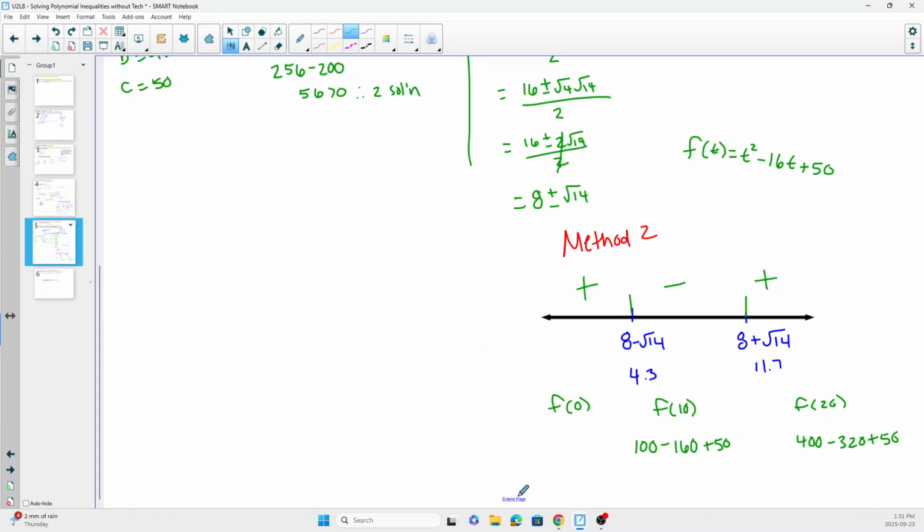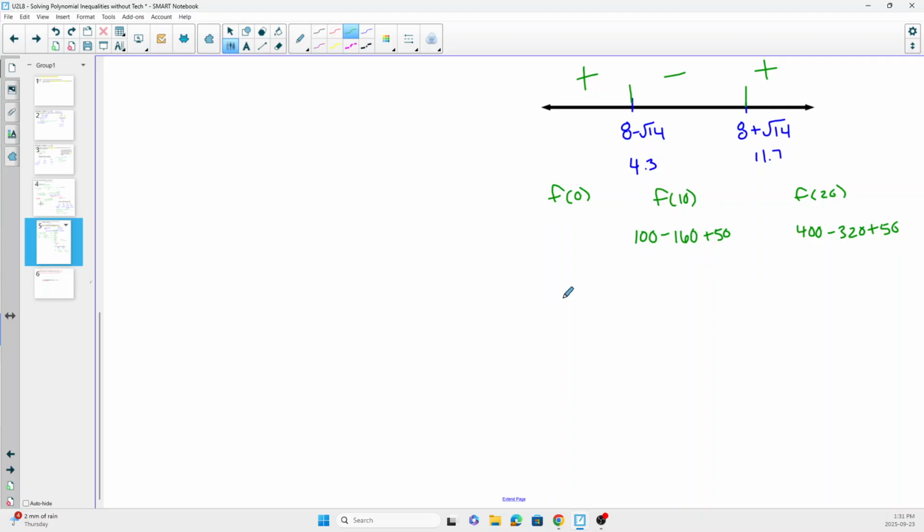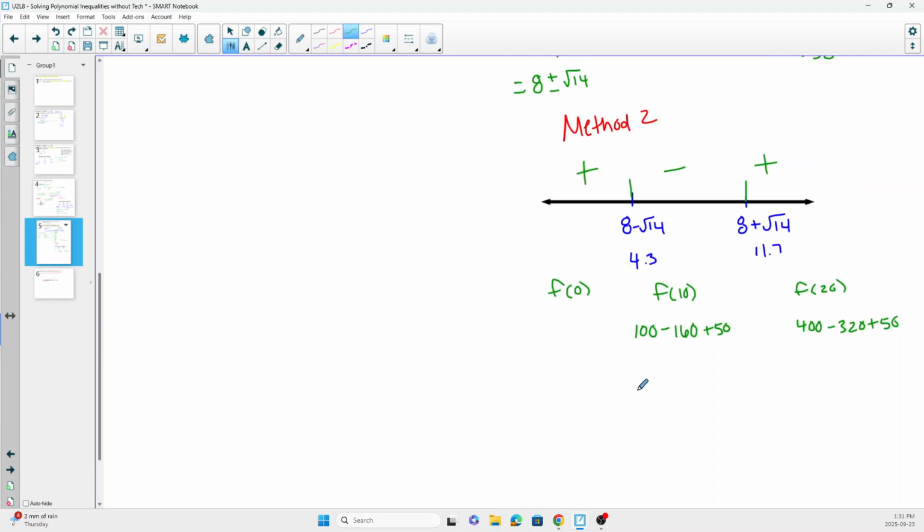Again, this is a word problem, so we would want to put it into words. Therefore, the distance will be more, remembering what we were originally answering, than 50 meters on the interval.